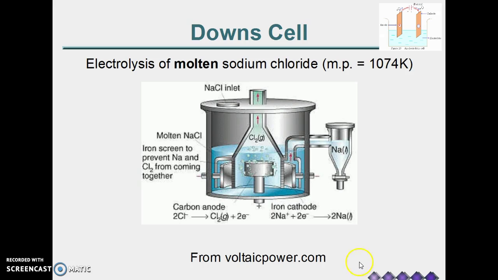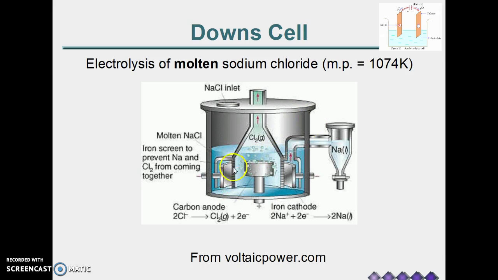We can now also electrolyze molten sodium chloride in what's called a Downs cell. Now this is plain old table salt that has been melted at 1074 Kelvin. So we're up in the 800 degrees Celsius range. It has to be done in a very stout metal container.